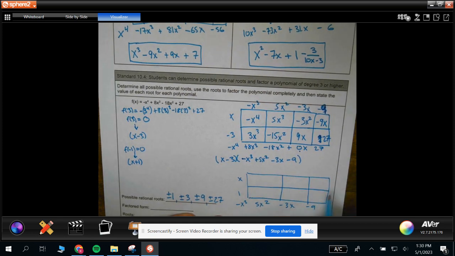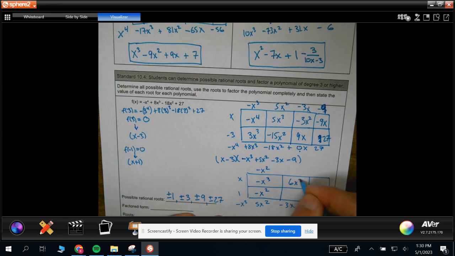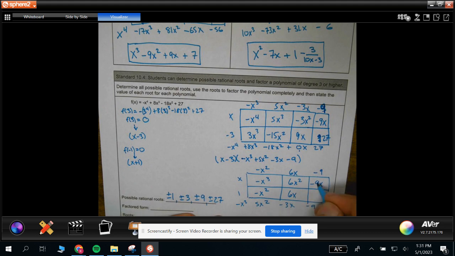This has to be negative x cubed, means this has to be negative x squared. This needs to be 6x squared because 6 minus 1 is 5, 6x. And that means this needs to be a negative 9 because 6x minus 9 is negative 3. It works, no remainder. So now we factored it to x minus 3 times x plus 1 times negative x squared plus 6x minus 9.